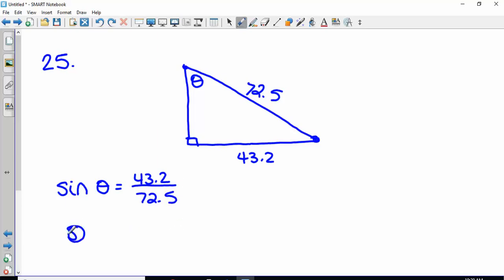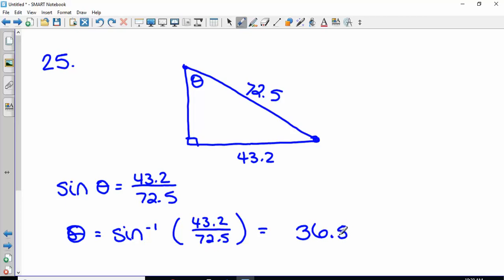Anytime you want an angle, we change it to sine inverse. I did not say significant digits, so we get 36.5741 degrees.